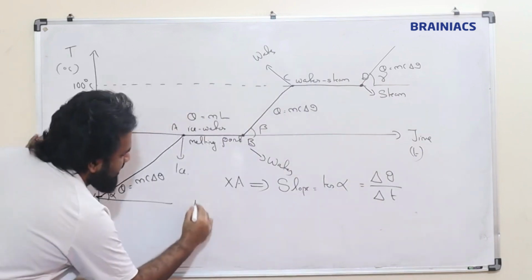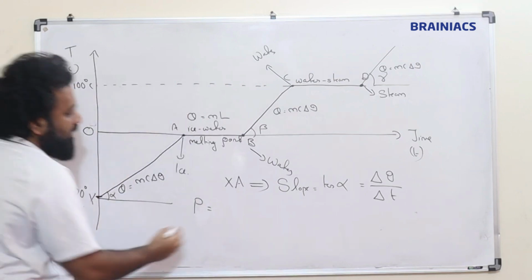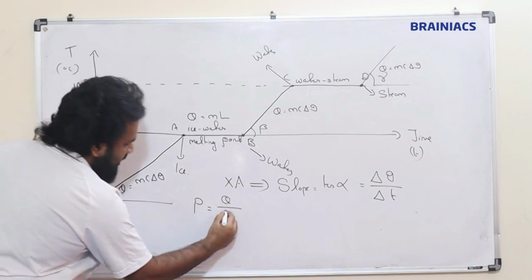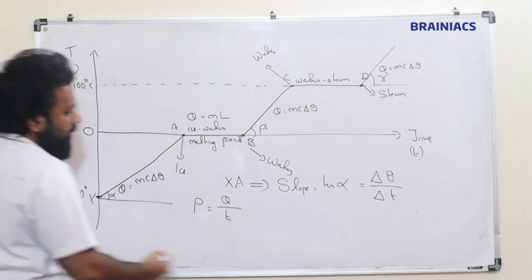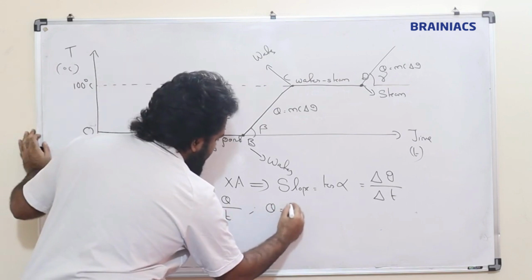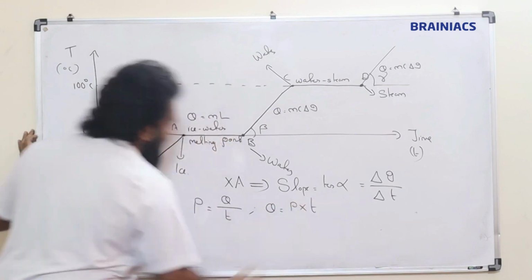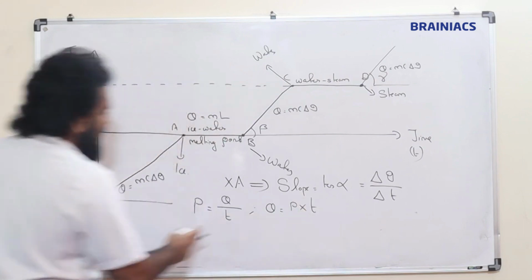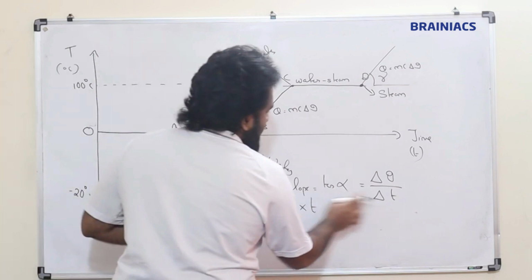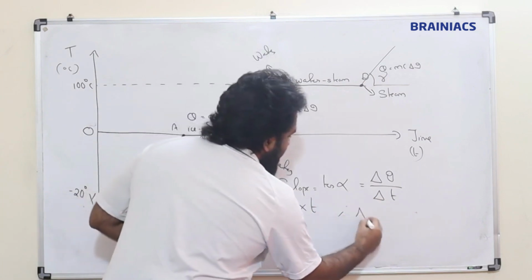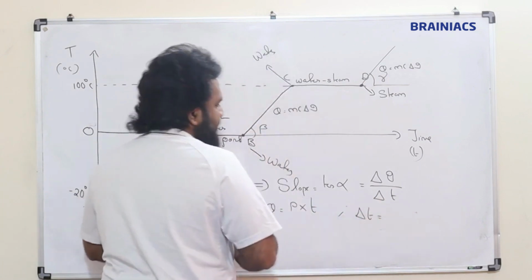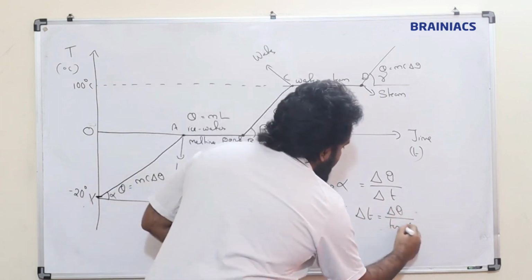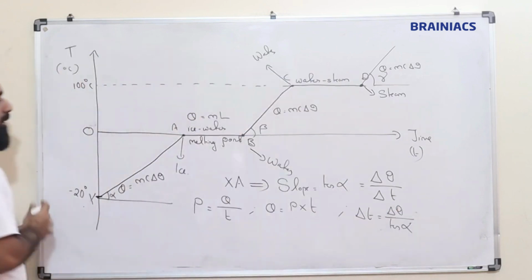Now what is power? Power P is equal to energy or heat by time, or Q is equal to P into t, we can say. So if we take delta t, the change in time, this will become delta theta divided by tan alpha.